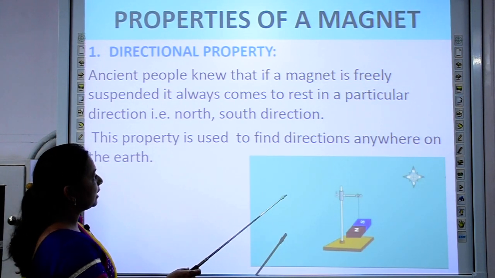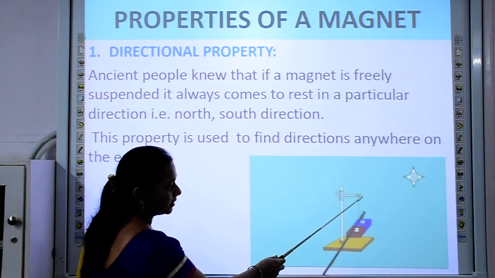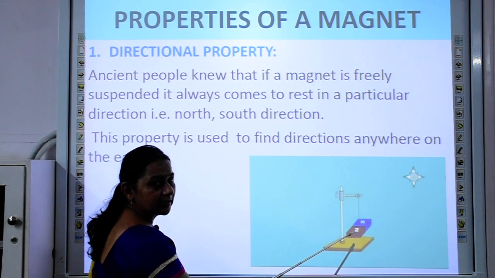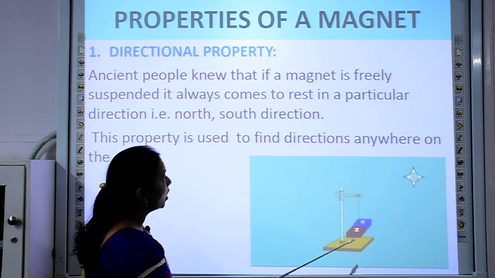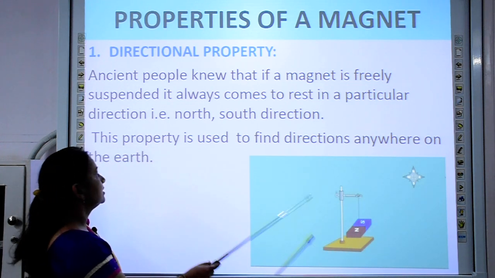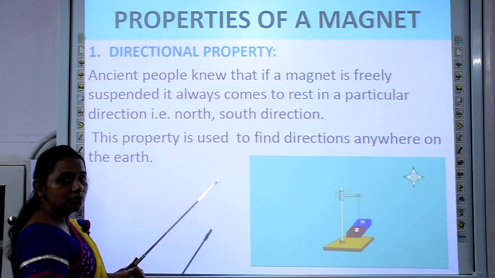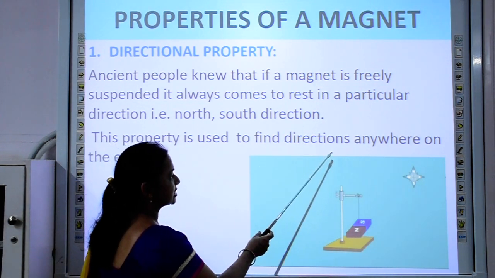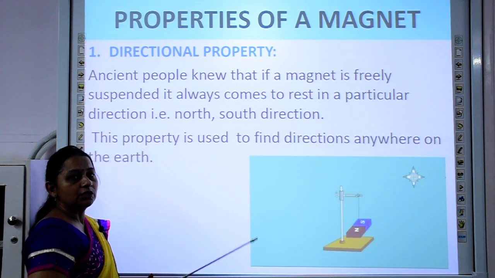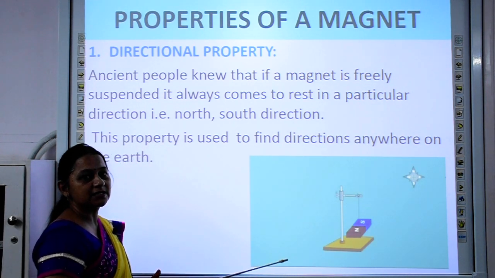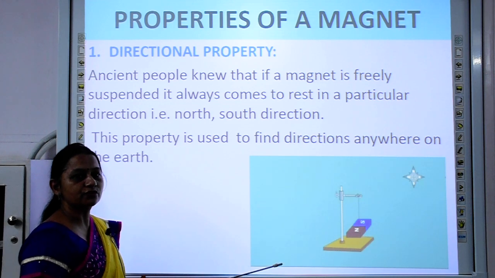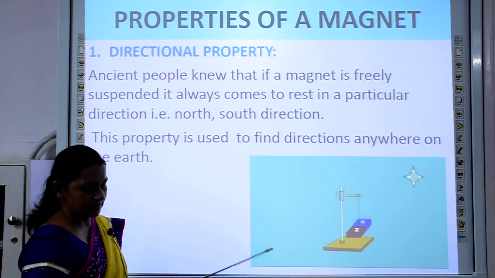If I hang a magnet like this, it will always point in the north-south direction, and this property is used to find directions anywhere on the earth, especially by the navigators.